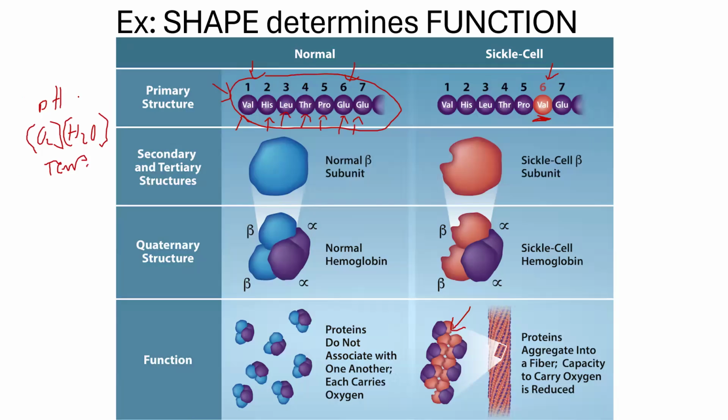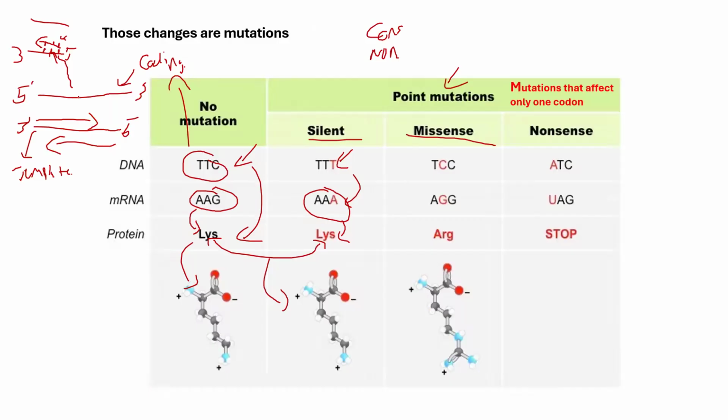So if we change polarity, chemistry, structure, any of these are non-conservative. As long as these things remain the same, but it's a different amino acid, it's a conservative missense mutation.